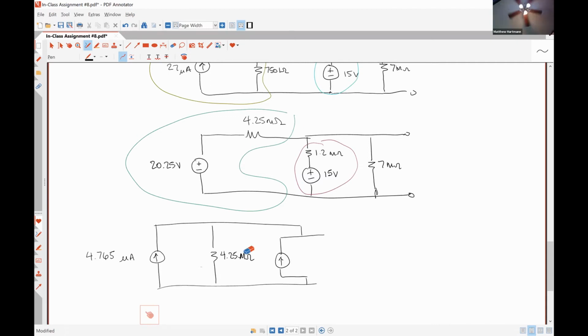Let me move that over so I'll have much more room. 4.25 mega ohm.